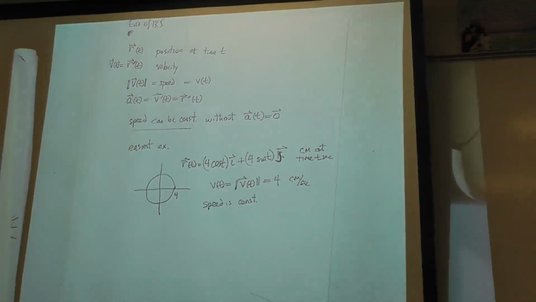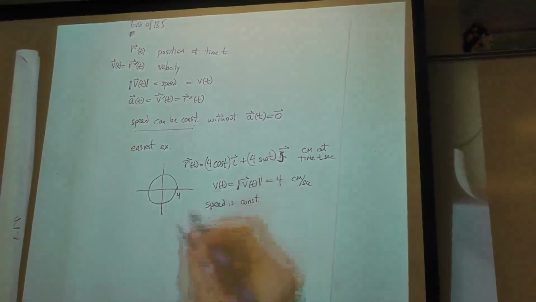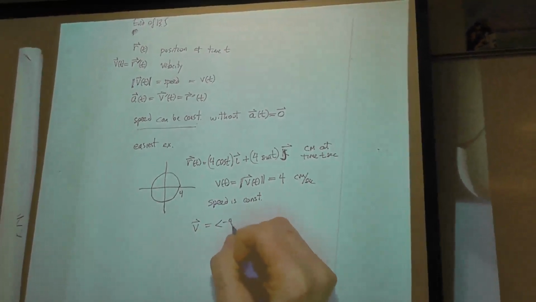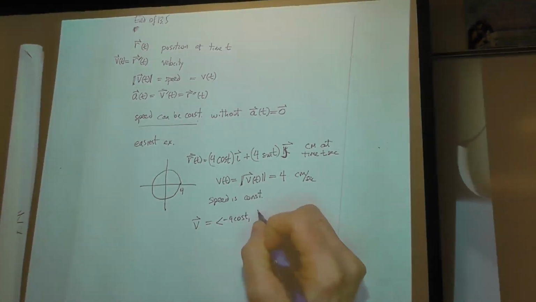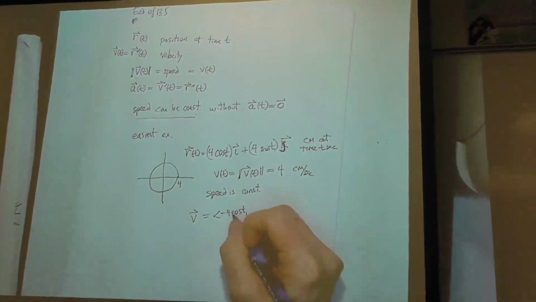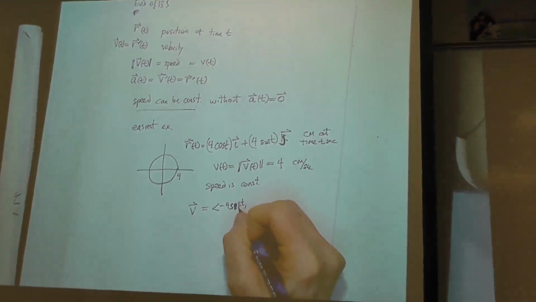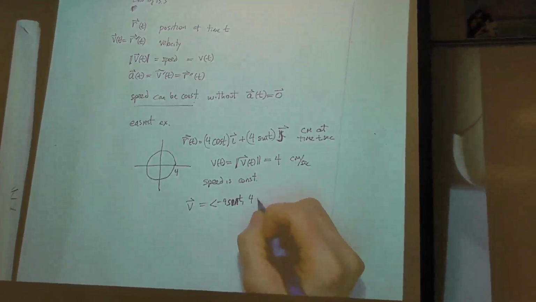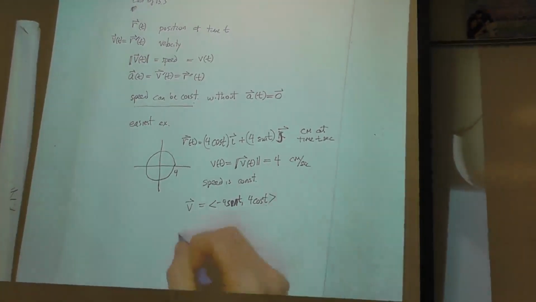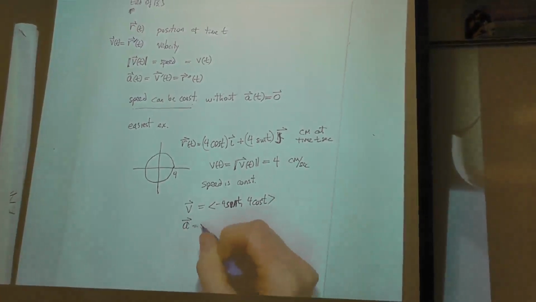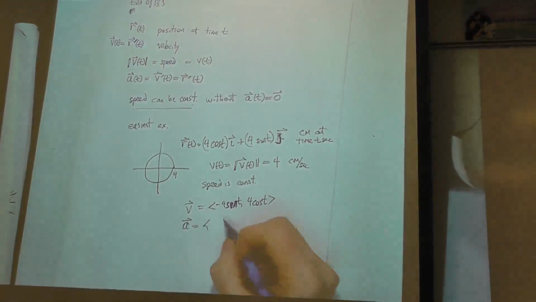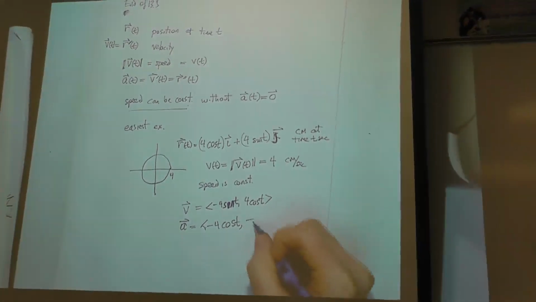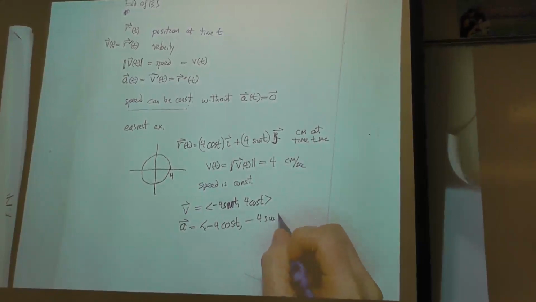But so my V is minus 4 sine of t in the i plus 4 cosine of t in the j, and then acceleration would then be minus 4 cosine of t, minus 4 sine of t.